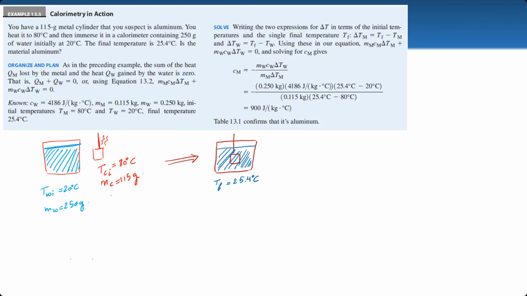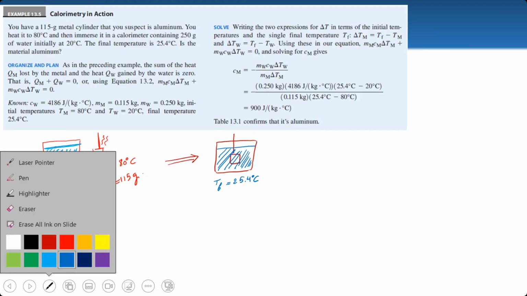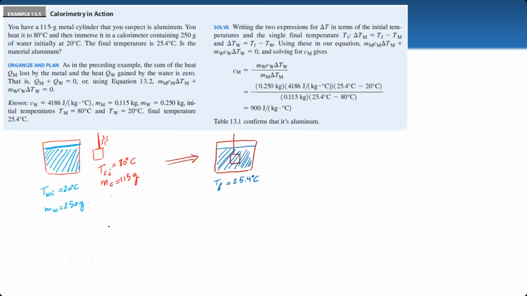So I'm just gonna check the transfer of heat. We start by saying that Q gained by water must be equal to minus Q lost by the cylinder. Whatever the hot cylinder is losing, any energy it loses will go to the water.